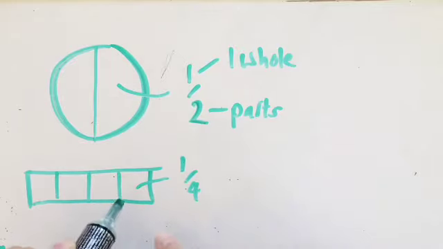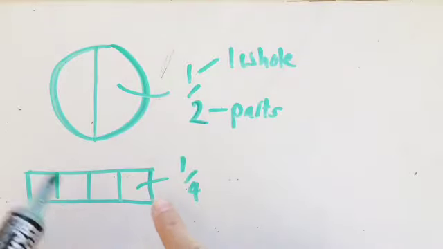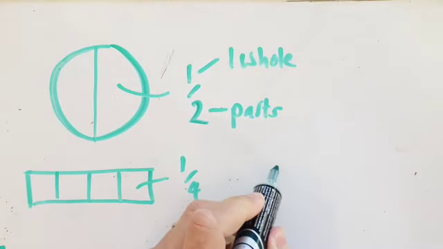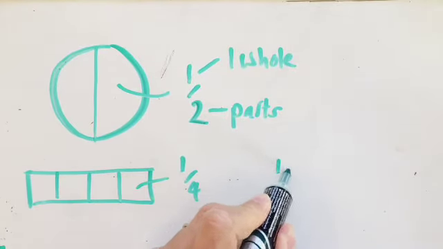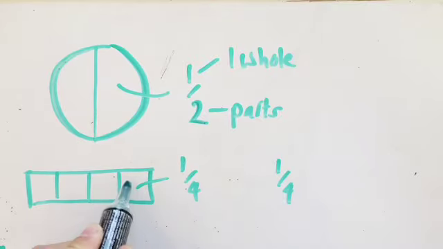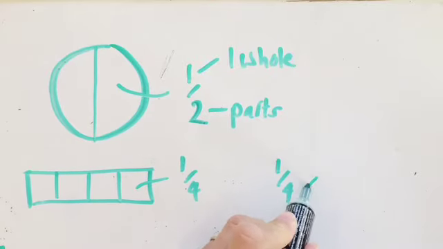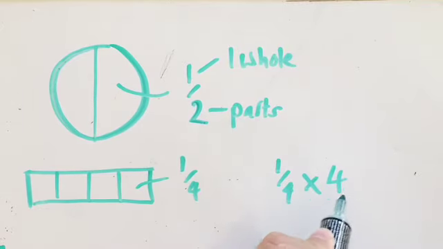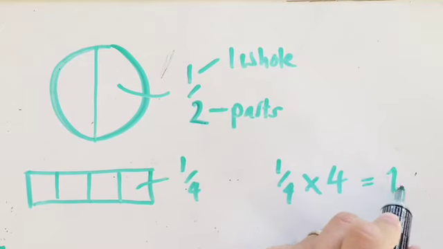If I wanted to end up again with a whole, then if I had 1/4, so that's this bit here, and I multiplied it by 4, then I would get 1.